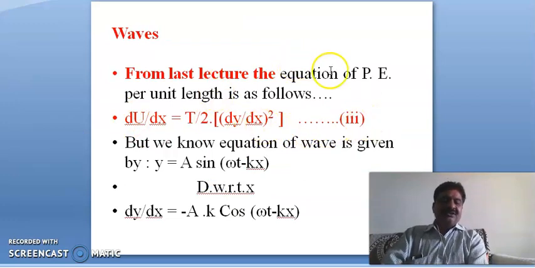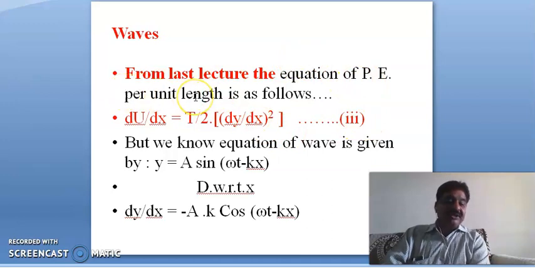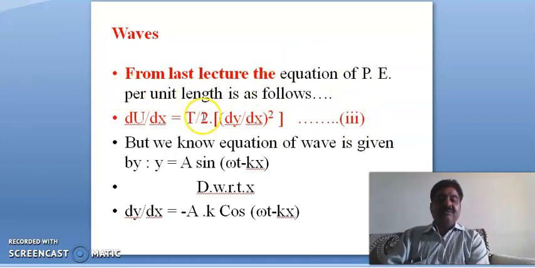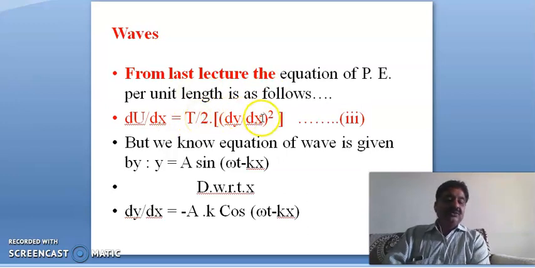From last lecture the equation of potential energy per unit length is given by du by dx is equal to T upon 2 into dy by dx whole square. This equation number 3 we have already seen.